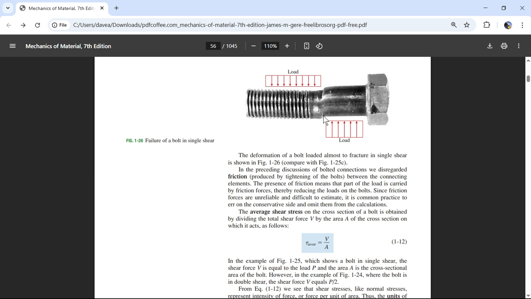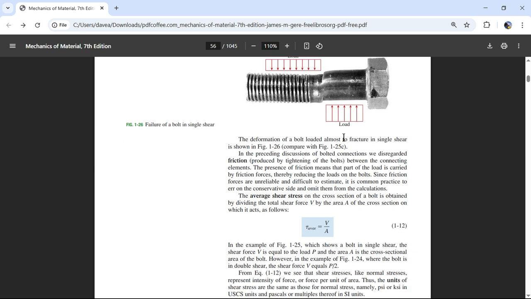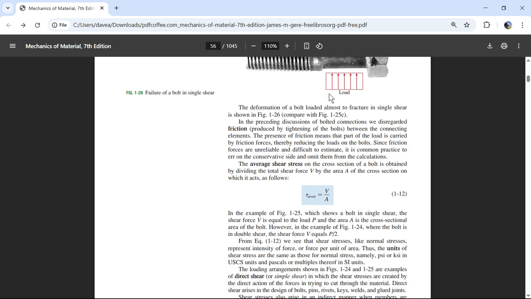This cross-sectional area faces the axial direction, so the loads are perpendicular to that direction. If the area points in the x direction, the loads are in the y direction. That's the definition of shearing something: your loads are perpendicular to that face.